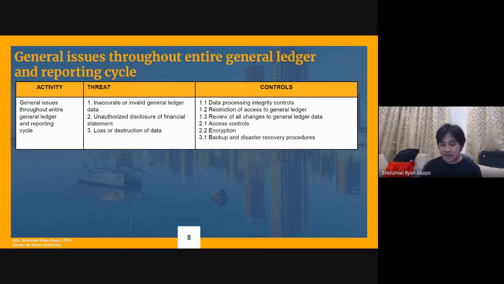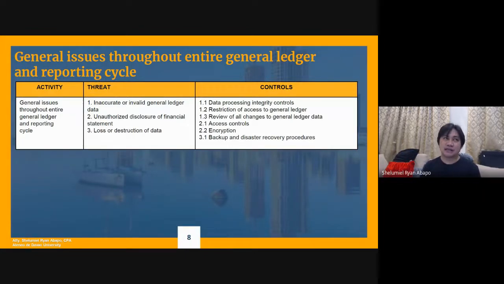A second general threat will be the unauthorized disclosure of financial statements. It is important that you prevent the premature release of your financial statements, because doing so is likely to result in fines from various regulatory agencies like the Securities and Exchange Commission.